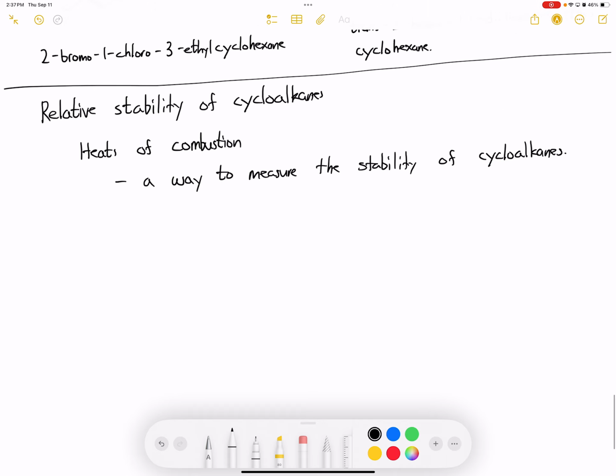The formula is very similar to the one we had for alkanes. It's CnH2n, not 2n plus 2, for a cycloalkane, plus 3n/2 O2, giving n CO2 plus n H2O.